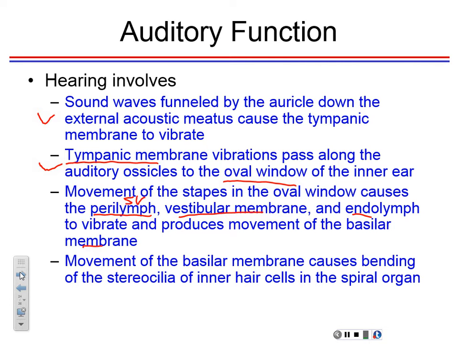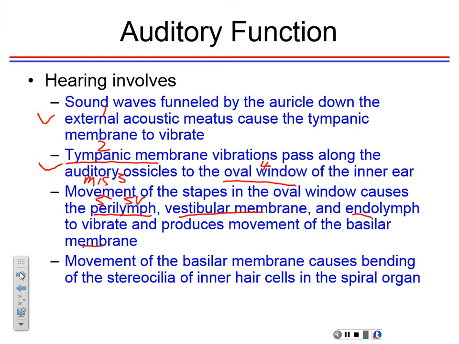So that's where you're getting there, and then the auditory ossicles in sequence, and then 4, oval window, and then the perilymph in the scala vestibuli of the cochlea, right?